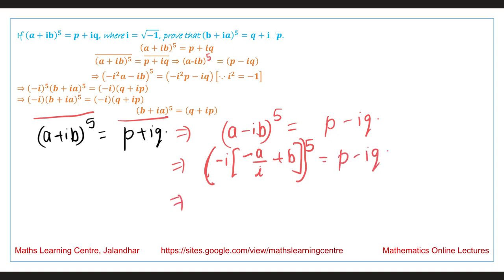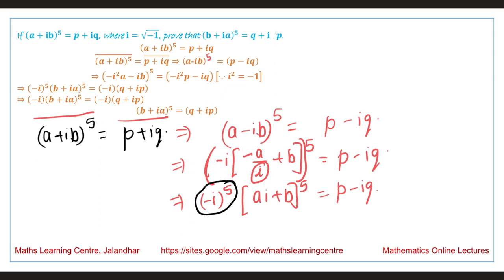So this implies that (−ι)^5 into, what is 1/ι? It is −ι, so it is (aι + b)^5 equal to p − ιq. Now look at this value over here, what is (−ι)^5? The minus sign is there, so it is ι^5, which is minus ι^4 into ι, and ι^4 is 1, so we are left with −ι.